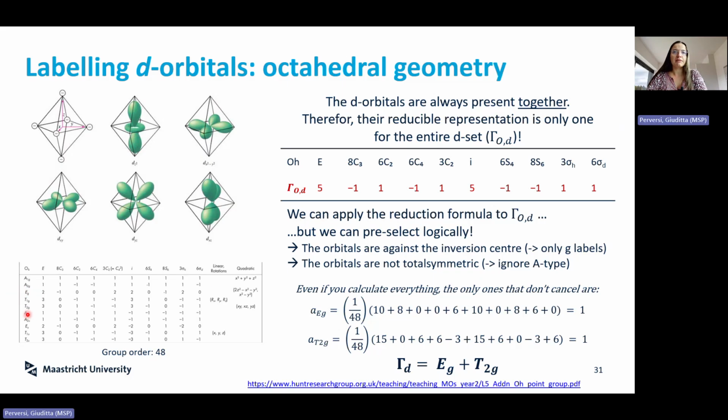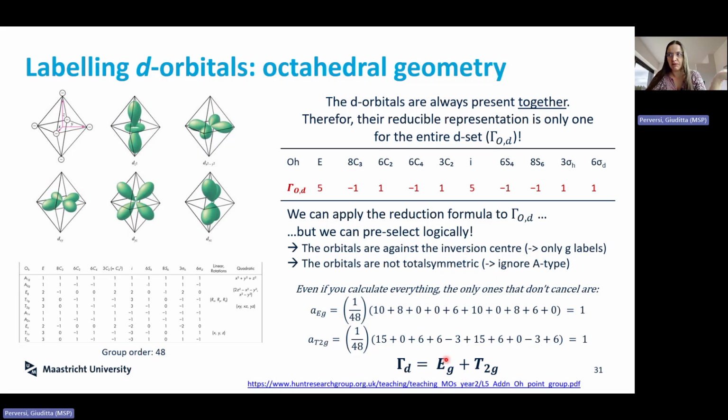There are some of these representations that are anti-symmetric against the center of symmetry. All of these orbitals are symmetric around the center of symmetry, the center of inversion of the octahedron, which means you're only looking at g labels. Fundamentally, you can already see how the set subdivides itself on the basis of the behavior against the main symmetry axis and how many redundancies you have in the set.